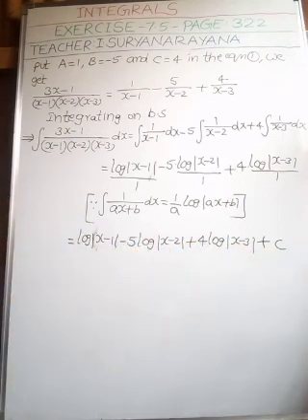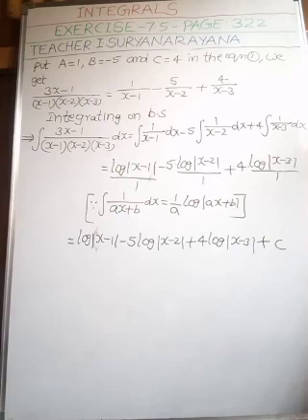Understood, my children? Right. Similarly, you try the next question, that is question number 4. Okay, my children? Try question number 5 also. But in question number 5, in the denominator, a quadratic polynomial is given. Please observe the denominator in question number 5, my dear children. It is a quadratic polynomial. First factorize the quadratic polynomial. You get 2 factors.